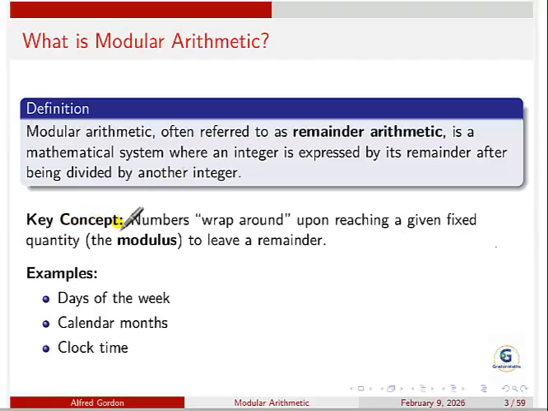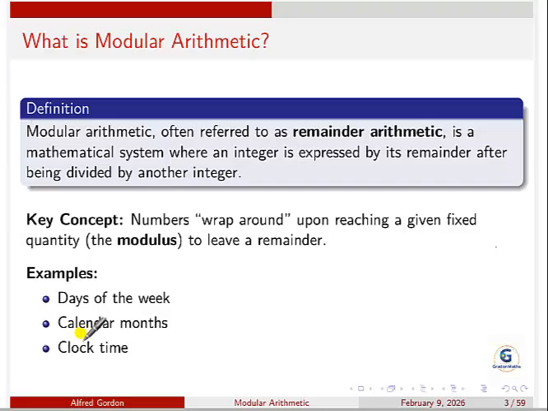The key concept is that numbers wrap around upon reaching a given fixed quantity, the modulus, to leave a remainder. For example, the days of the week wrap around. We begin from Monday and then we come back to Monday again.